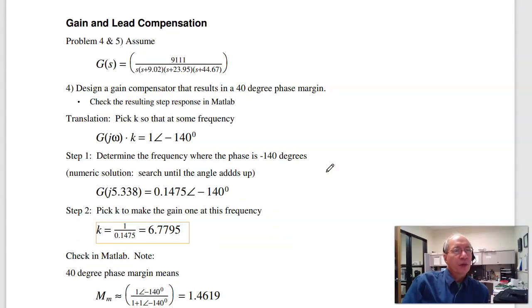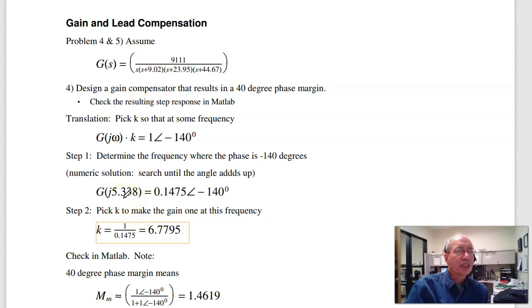If I design for a 40-degree phase margin, that means that at some frequency, G times K is 1 at minus 140 degrees. For gain compensation, what I need to do is find out what frequency has the phase shift of minus 140. So that's just guess again, iterate until the phase is minus 140. If you guess again, it's 5.338 radians per second.